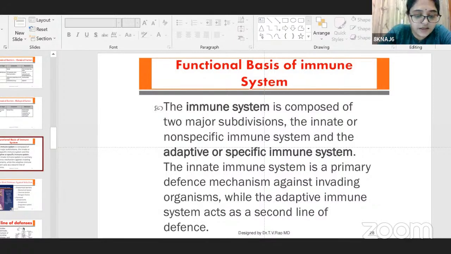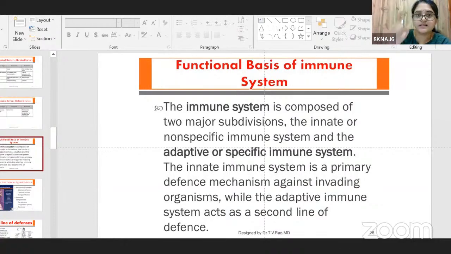So subsequently, when the same pathogen enters the body again, this time the body will not keep quiet. It will show its full intensity against this pathogen. The primary and secondary immune responses are carried out with the help of B lymphocytes and T lymphocytes.